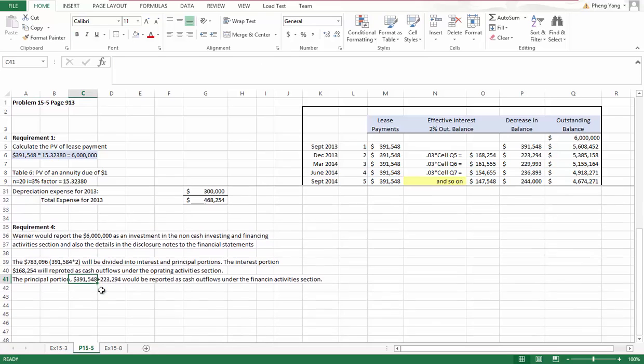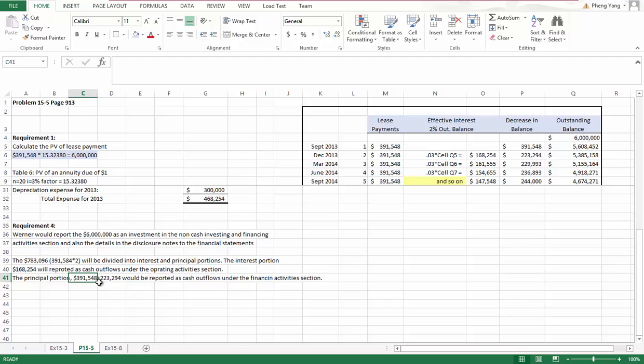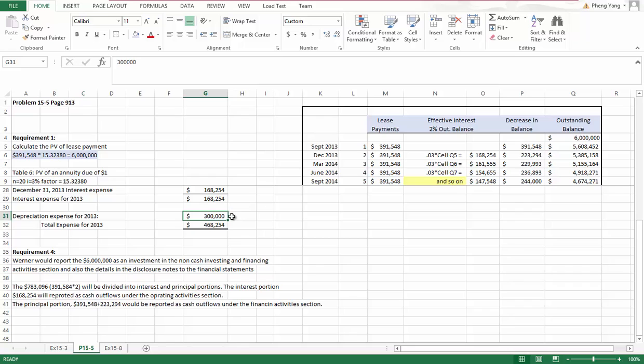And also just take note that by the indirect method of reporting cash flows from operating activities, we would add back to net income that $300,000 depreciation expense, since right here, depreciation expense, we usually add that back under the indirect method. It's not actually a reduction of cash.